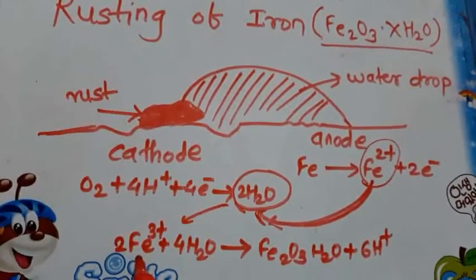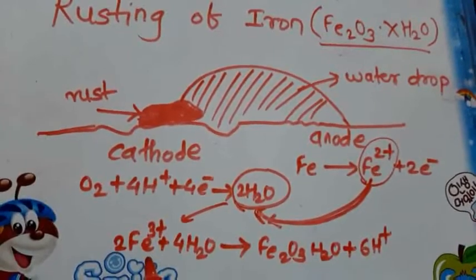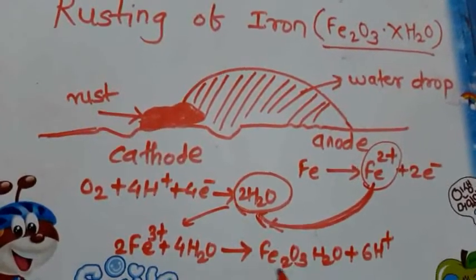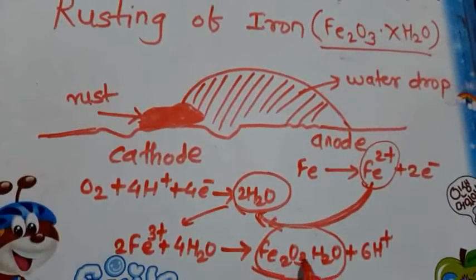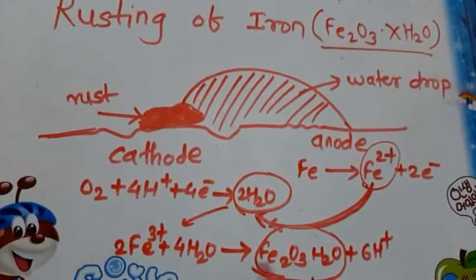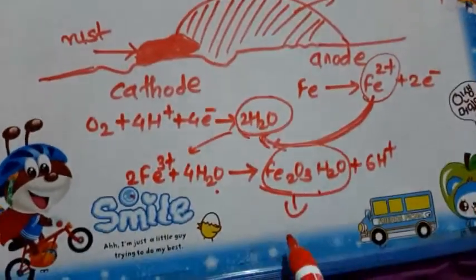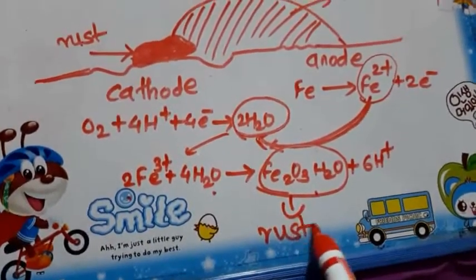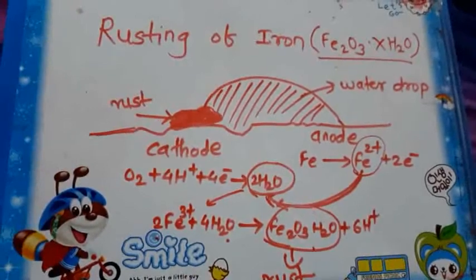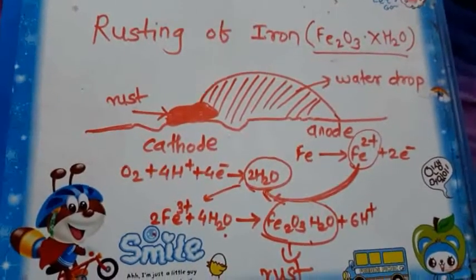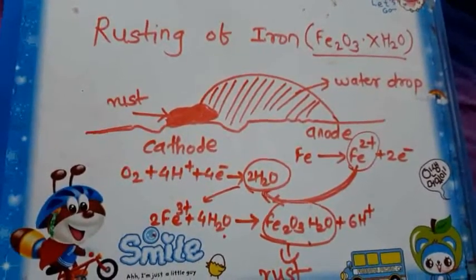After that, a reddish colored hydrated oxide, Fe2O3.H2O, is formed from the reaction of Fe3+ and water, and this is nothing but rust. This rust gets collected on the surface of the iron object.